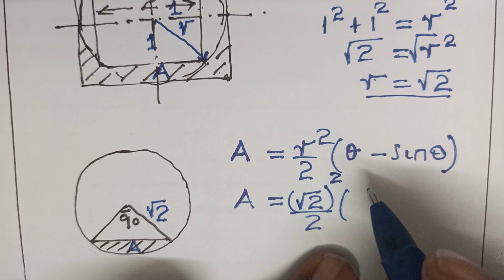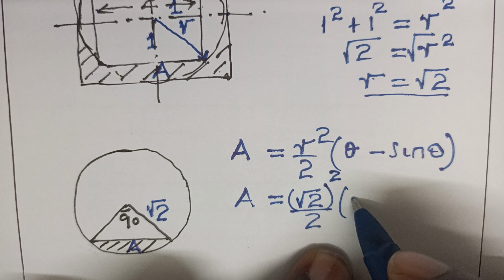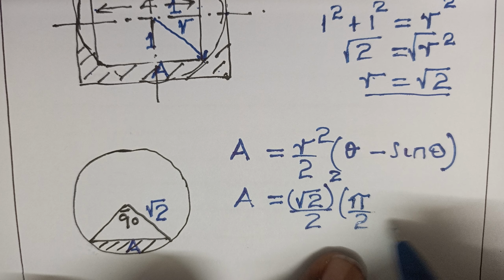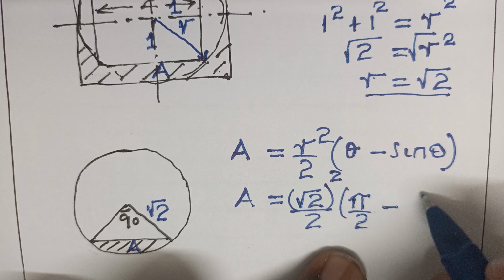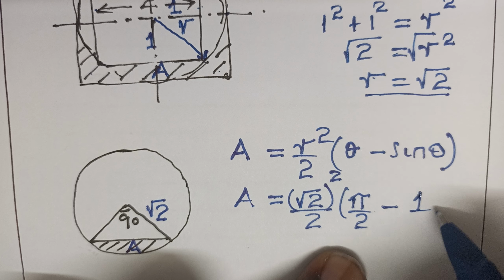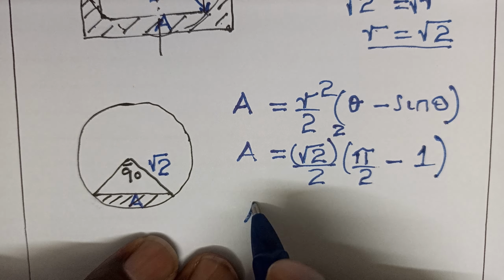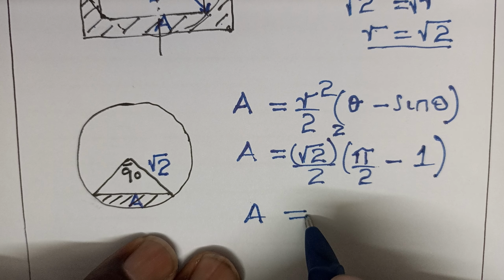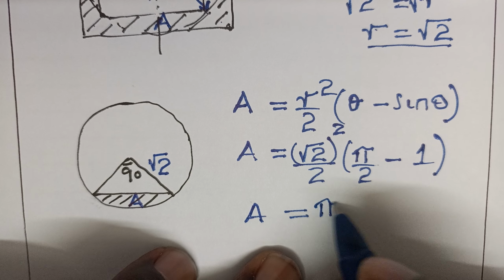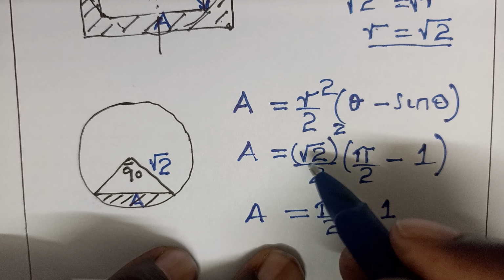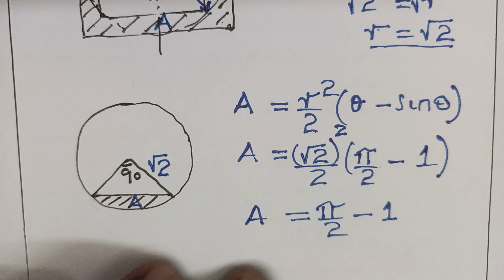And now the theta is 90, that is pi over 2, now minus sine 90. Sine 90 is 1. And so therefore, guys, this area is going to be equal to pi over 2 minus 1.